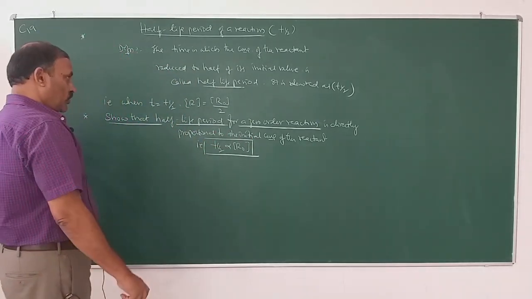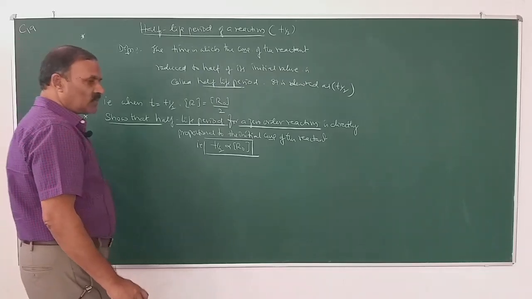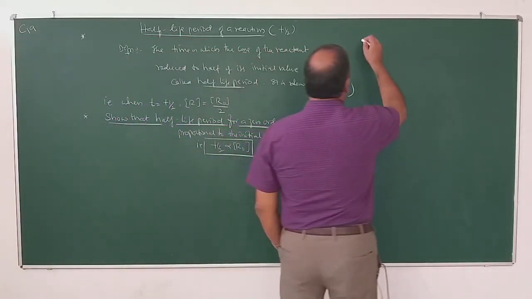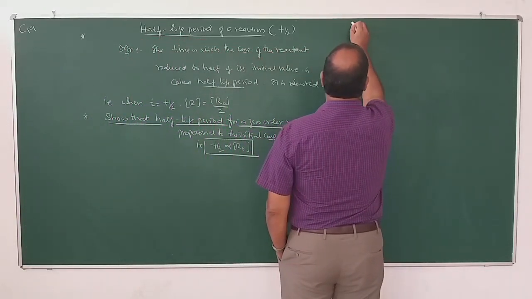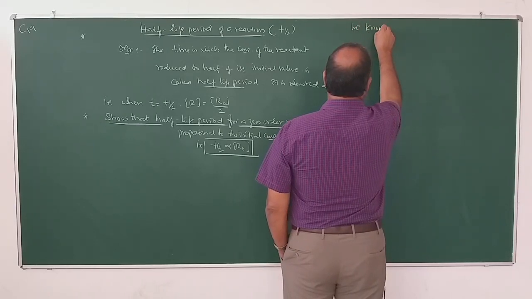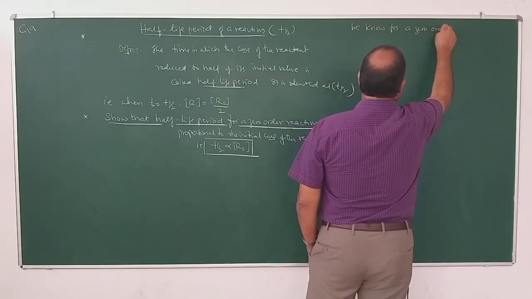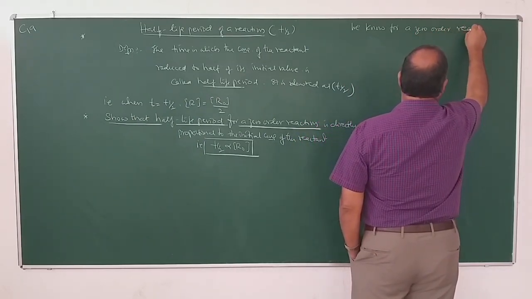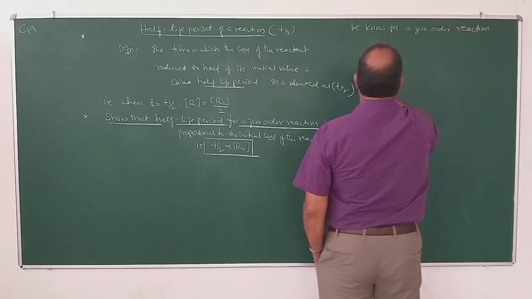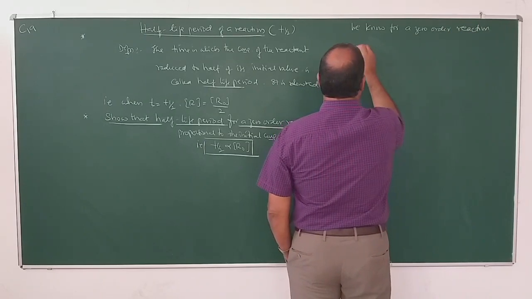So how to show this? We know for a zero order reaction, what is the value of K?